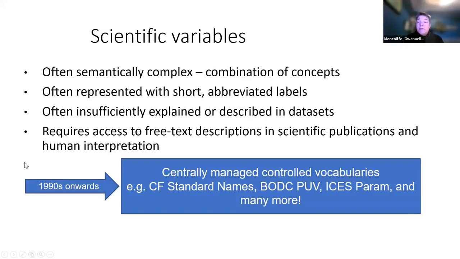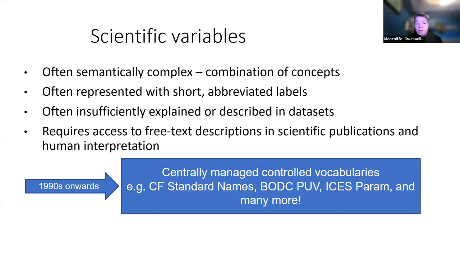So from the 1990s onwards, the community started developing centrally managed controlled vocabularies to try and capture unambiguously essential information about variables, or at least obtain some degree of consistency in the naming of variables.